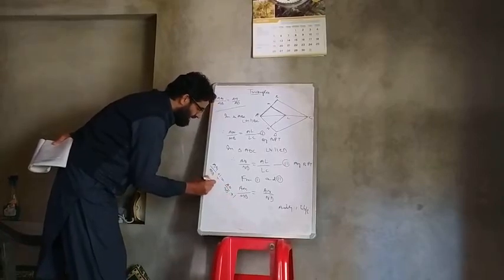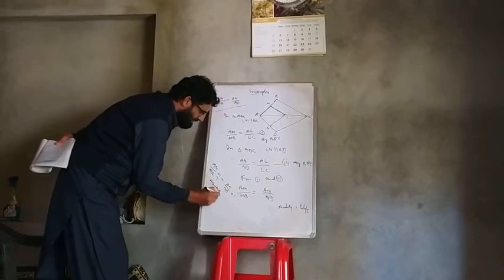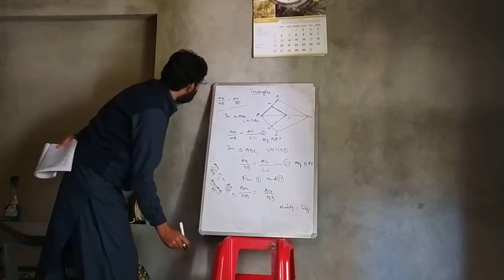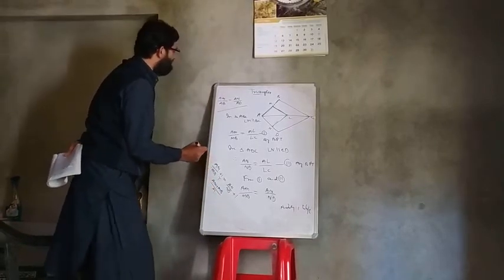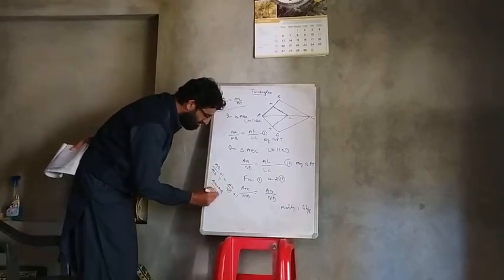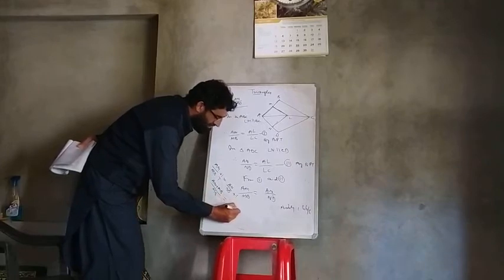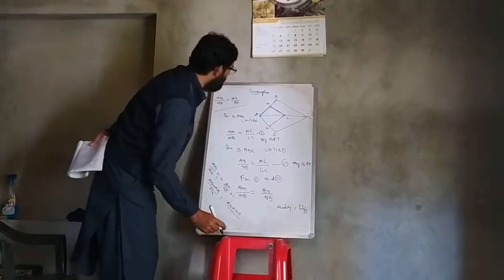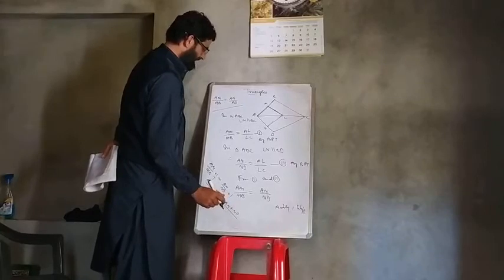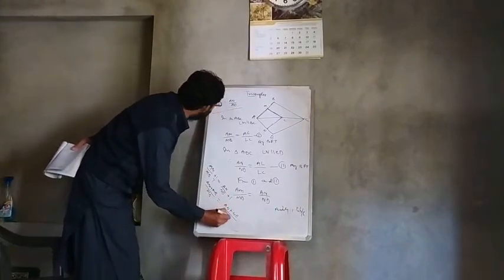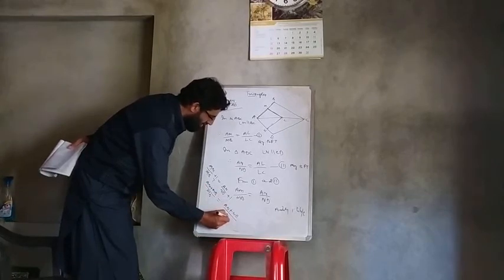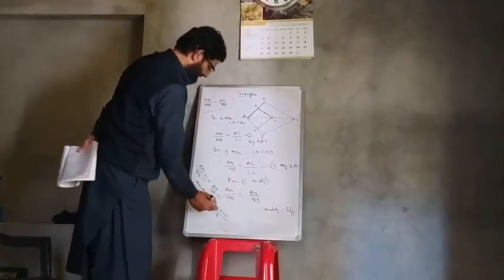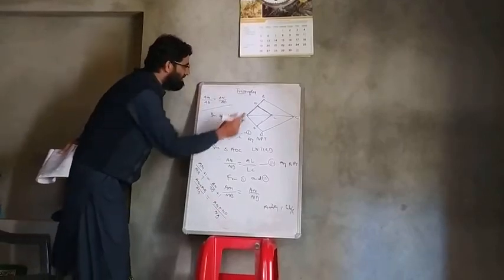So AM plus MB divided by MB is equal to AN plus ND divided by ND. Now AM plus MB is AB.